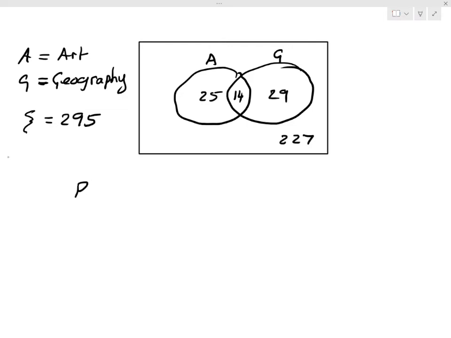So we want the probability that chosen at random, they take art. Right, so that is going to be, how many people take art? 39. 39 out of 295. Yeah, that's fine.